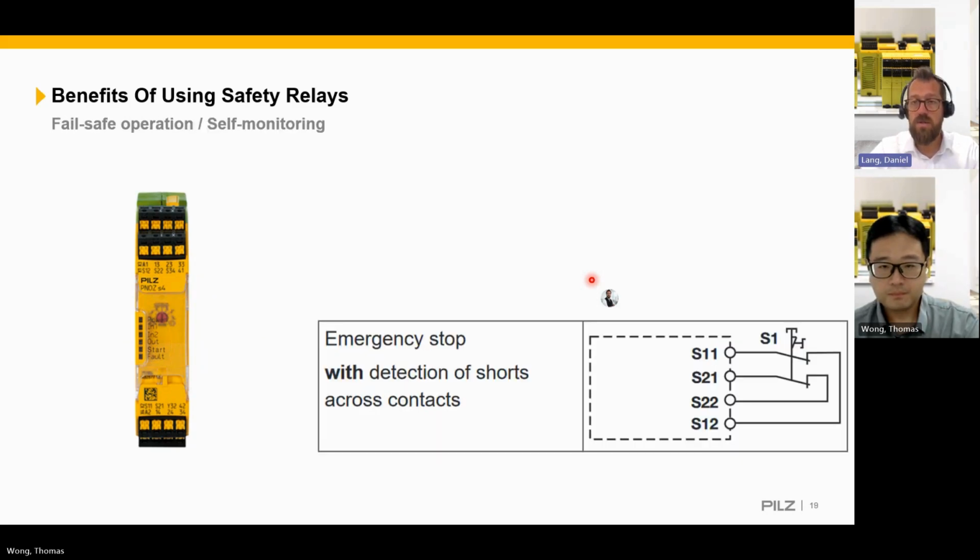Then again, as Thomas said, it is fail-safe for the operation, and it has self-monitoring. So at every restart it monitors itself to see if everything is okay, if the contacts are correct inside, and if the wiring is okay according to what you switched for the operating mode. It will also detect if there is a short or a cross.